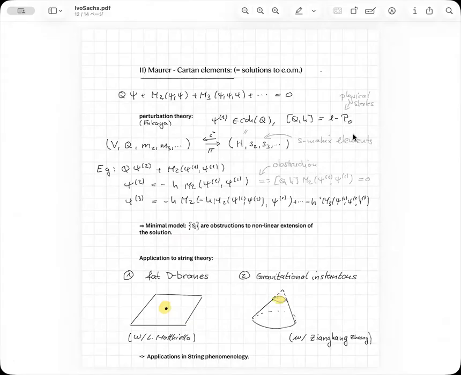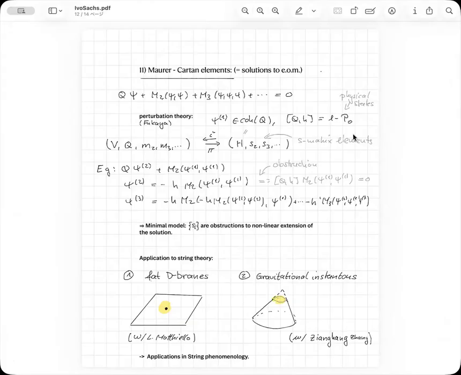I just want to say now we've constructed superstring field theory, so now we can try to do things with it. And often what we do when we have a field theory is we look at the equations of motion. So you can say, what are the solutions of the equations of motion of this superstring field theory? Again, I'm still in the open string setting with genus equals 0.